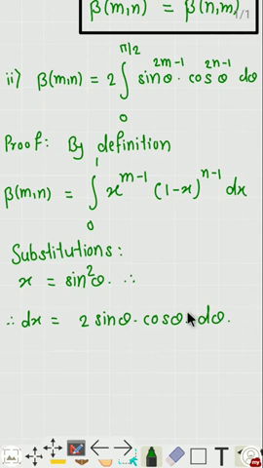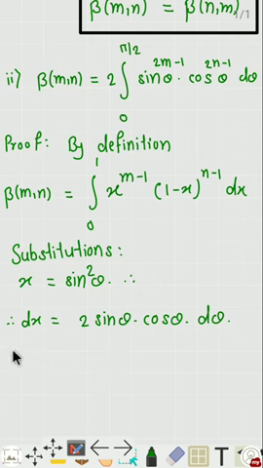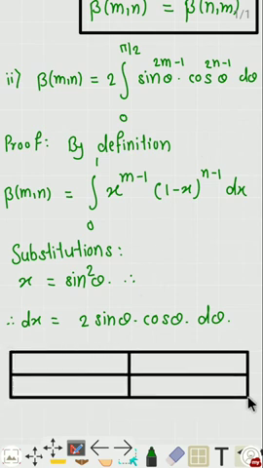Okay, and due to the substitution we have a new variable, and the limits of this new variable we find here. Our old variable is x and its limits are 0 to 1, and the new variable is theta.